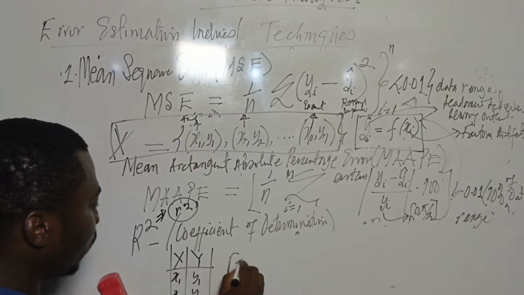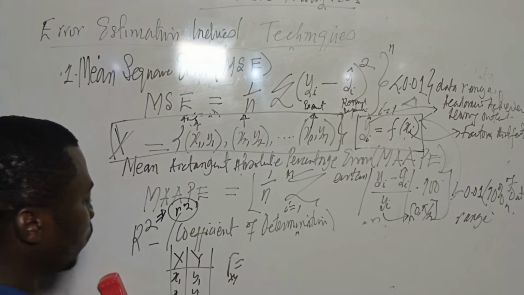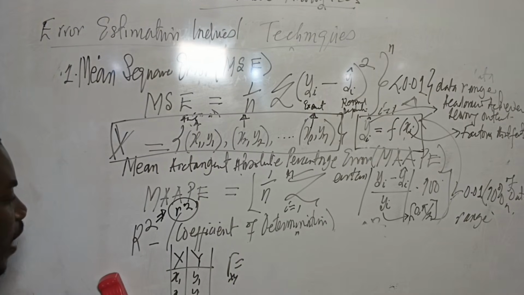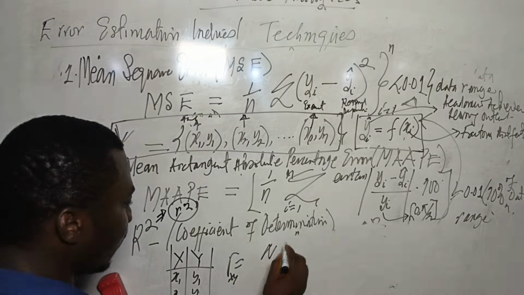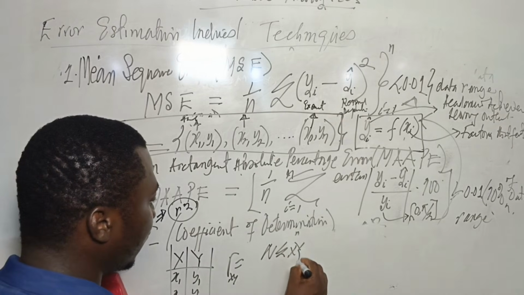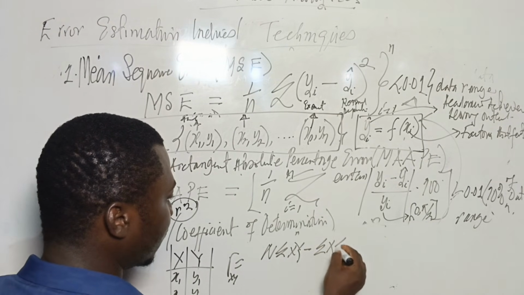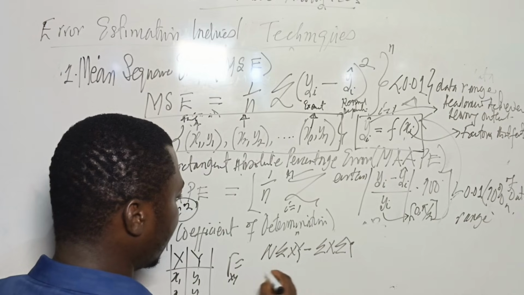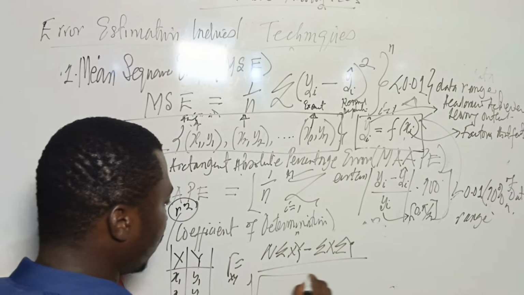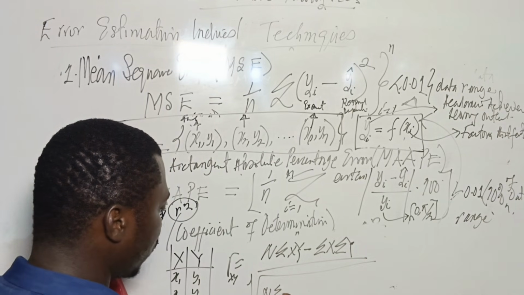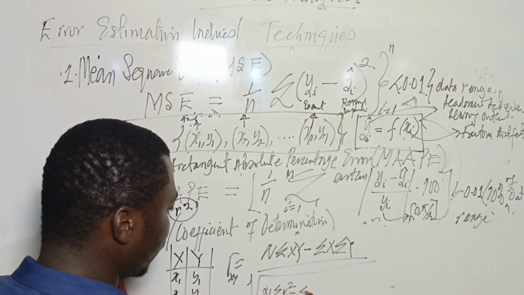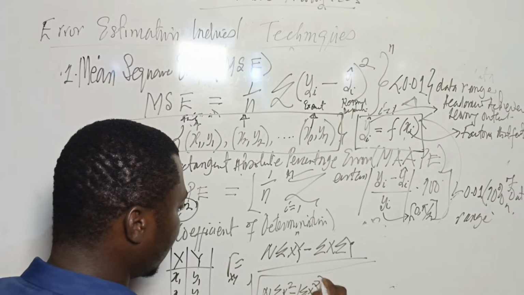Now this is the correlation coefficient between these two data pairs, which is n summation xy minus summation x summation y, divided by the square root of n summation x squared minus summation x all squared.